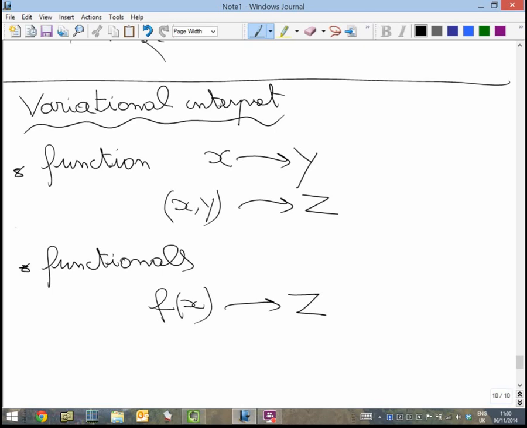Could you come up with an example of a functional? What's a black box that takes a function as input and calculates a number based on that function? Any suggestions?